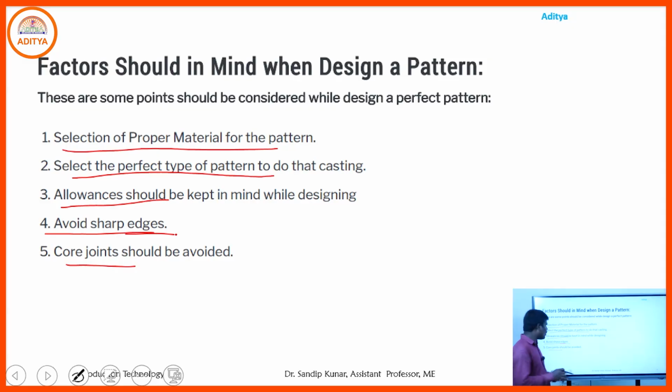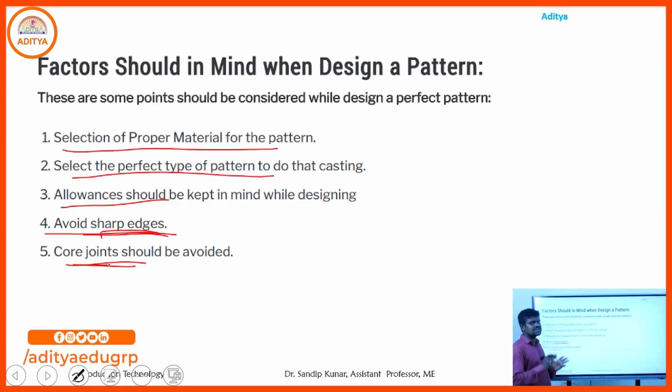So always avoid sharp edges and core joints as per requirement. If sometimes it is needed, we may provide them, but in general you should avoid that type of edges. Otherwise the corner joints may be affected, and after producing the final product, the quality of the shape will also deteriorate.